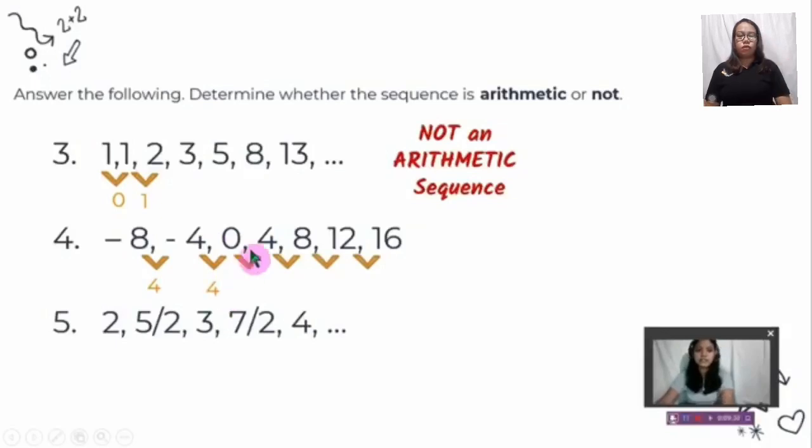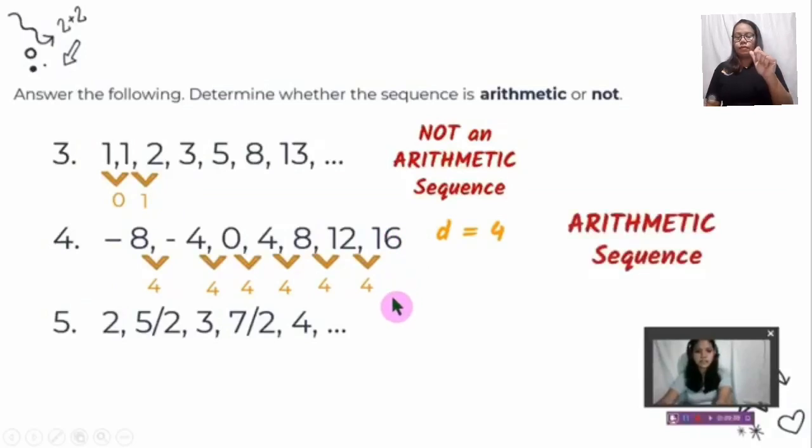So, that is 4. 4 minus 0 is 4. 8 minus 4, 4. 12 minus 8 is 4. And lastly, 16 minus 12 is 4. Meron ba siyang common difference? Meron. D is equal to 4. Ibig sabihin, ang sequence natin sa number 4 ay arithmetic sequence.